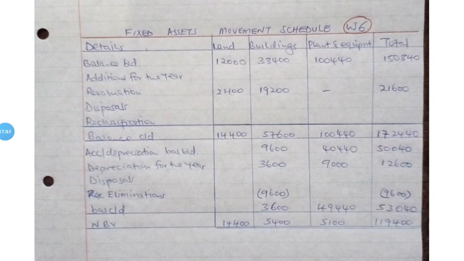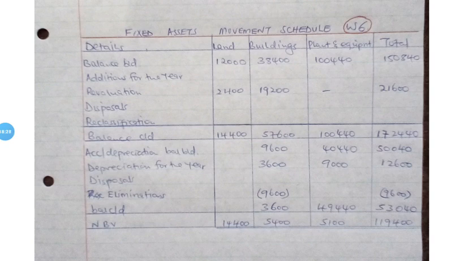Remember, the balance cut down is for this category of depreciation, meaning we don't have the balance cut down for land, since land does not depreciate. So the balance cut down for our buildings, you're supposed to add 9600 plus 3600 minus 9600, which we have eliminated, and our balance cut down will be 3600.